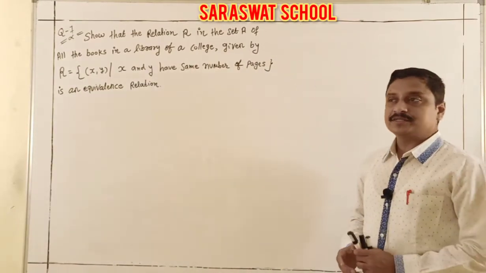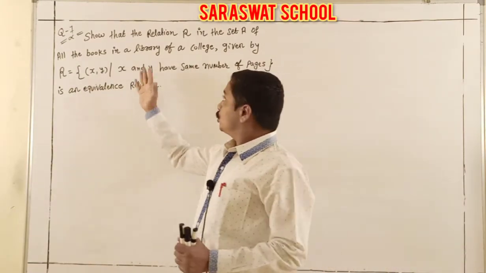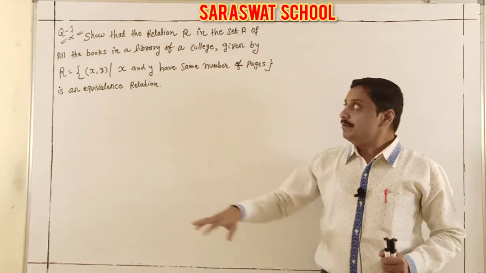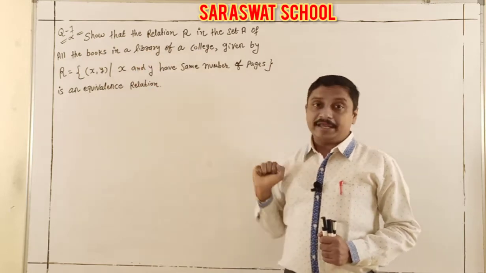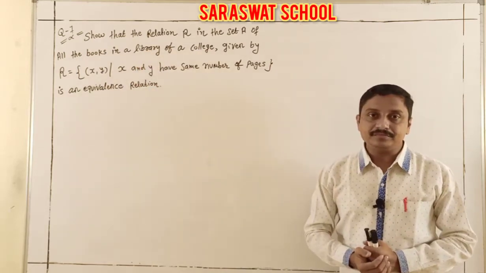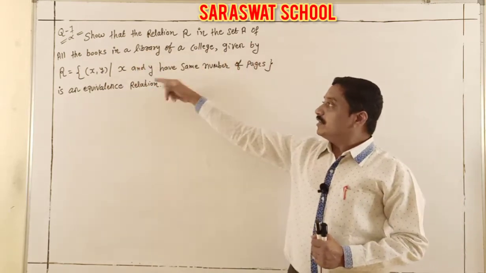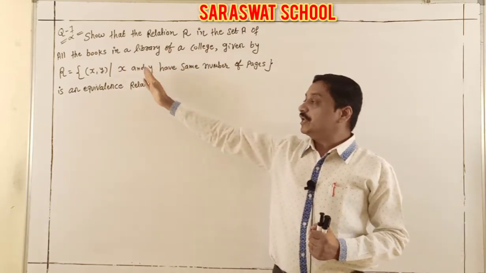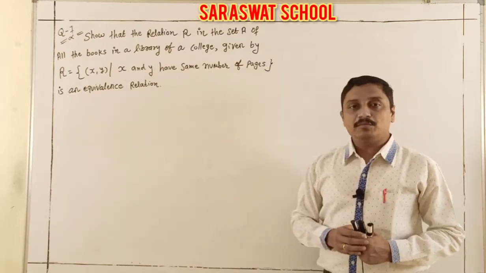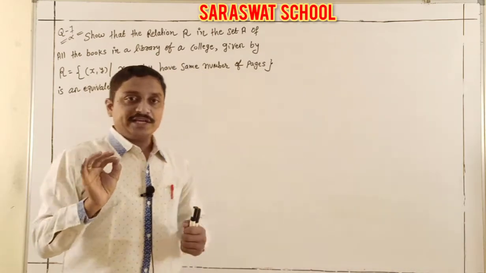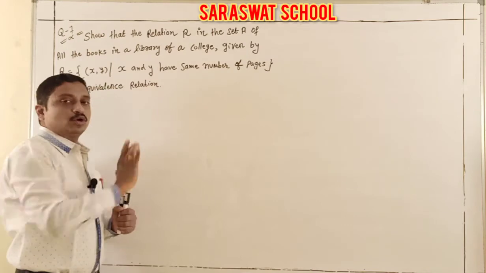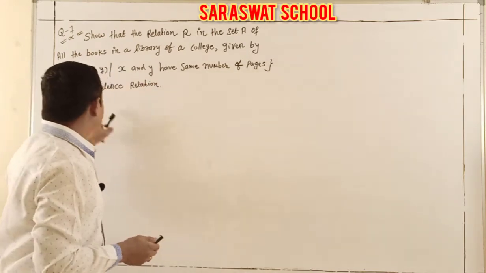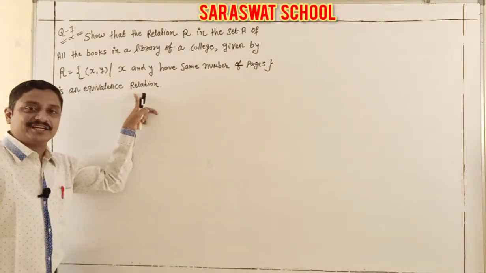Now continue, students, with question number 7. Show that the relation R in the set A, given by all the books in a library of a college, where the relation is that x and y have the same number of pages, is an equivalence relation.